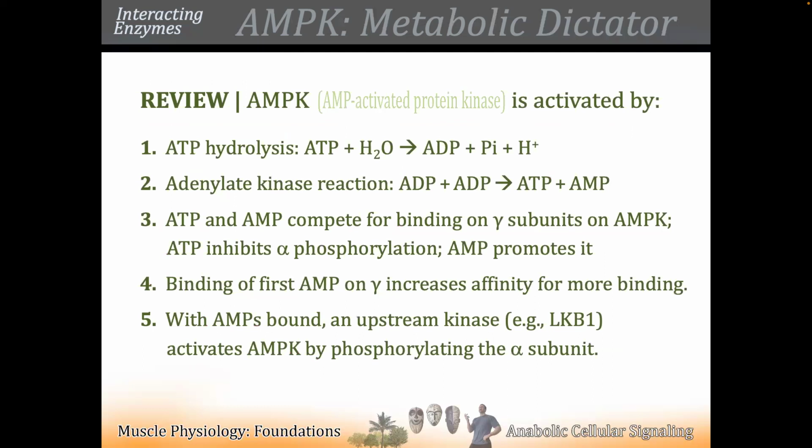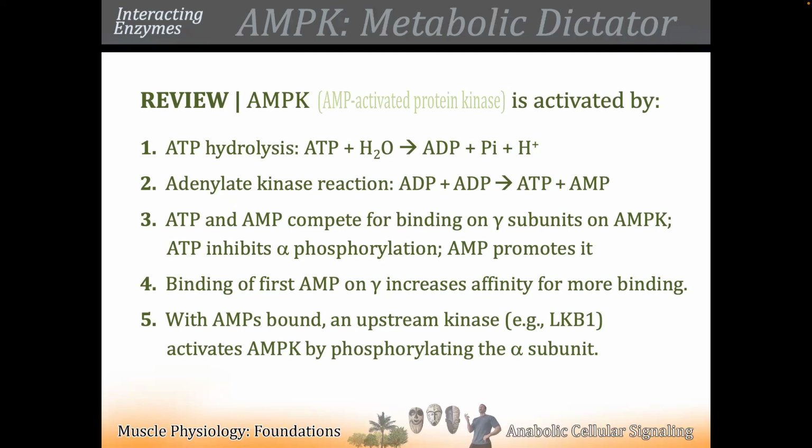ATP hydrolysis happens, right? You chop up ATP, you get an ADP, adenosine diphosphate. And then through adenylate kinase, that enzyme, two ADPs become one ATP and one AMP. And so AMP levels just keep building up, as long as you keep exercising or do your hunger strike at altitude or whatever it is.